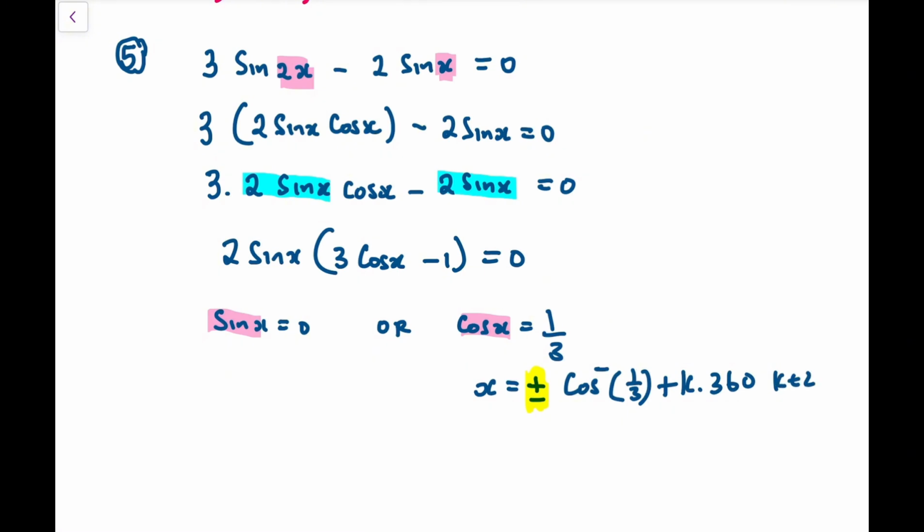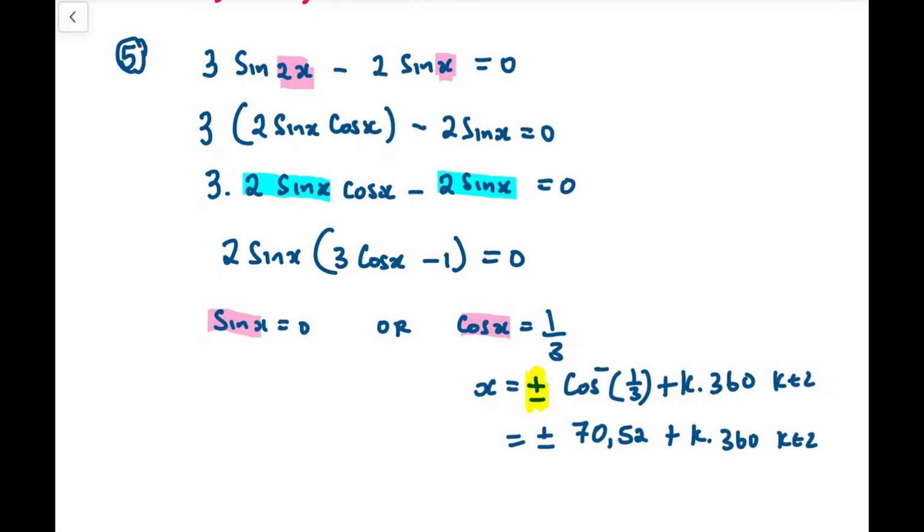Now, what is arccos of 1 over 3? The calculator will give us 70,52, and then plus k multiplied by 360, k is an element of integers.